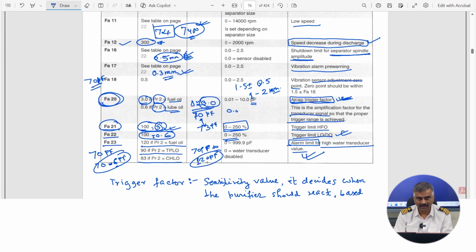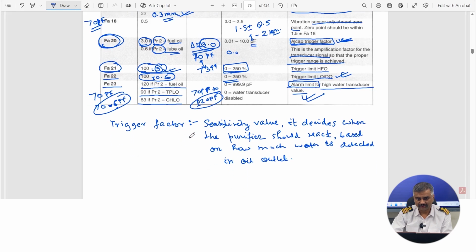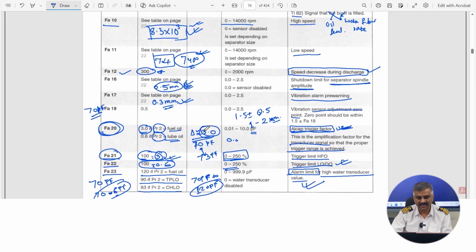The reason for this alarm limit is that in the trunk piston purifier there is a chance for water to seep in from somewhere, while in the crosshead lube oil it is only sludge, with minimum chance of water coming in. So this is what it is about the Alcap trigger factor and the other values.